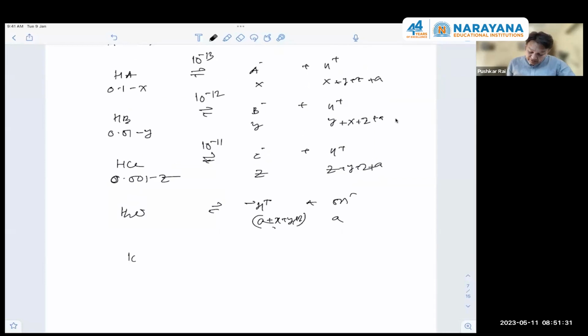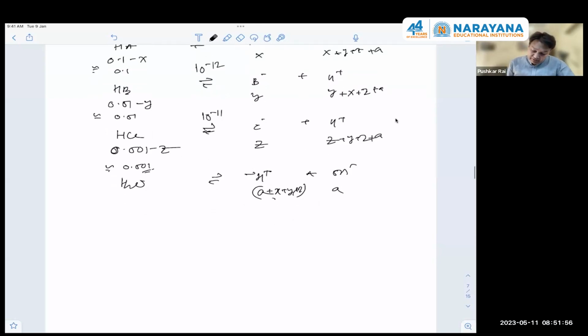And we will see, interestingly, I've created the problem like this, that 10 to the power -14 is equal to 10 to the power -13. Okay. Now see, we have to take some approximation, and very clearly you can see the approximation. This is going to be a perfect approximation. Beyond any doubt, this approximation is going to work.